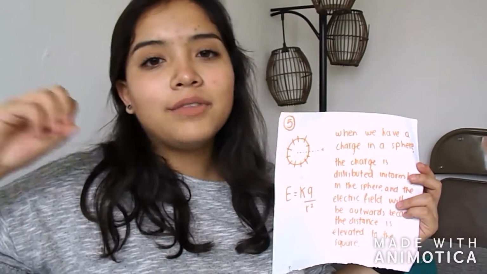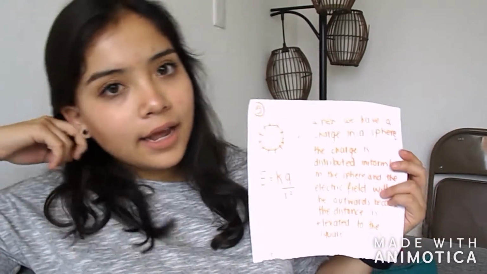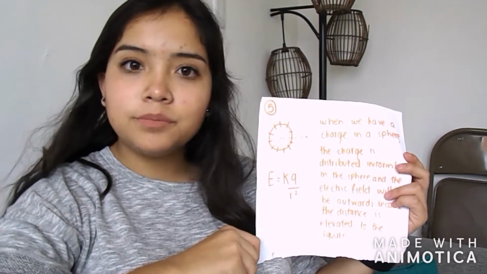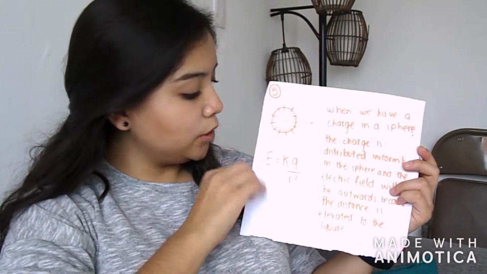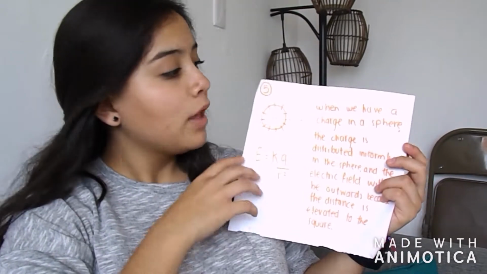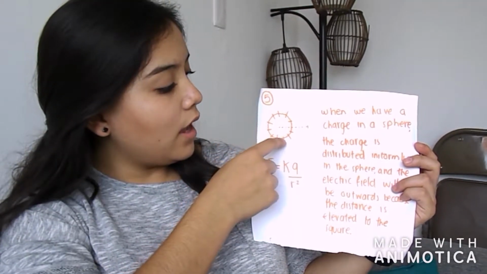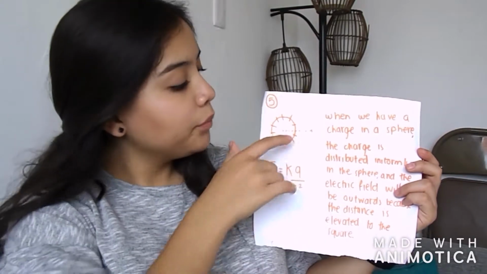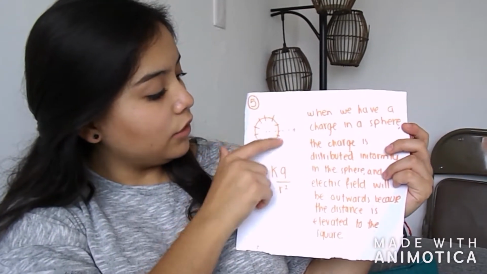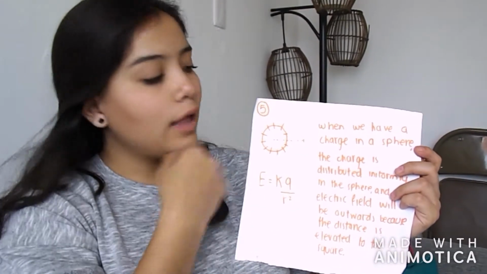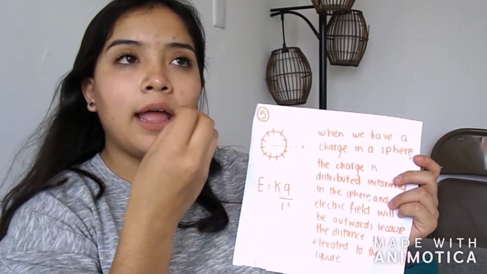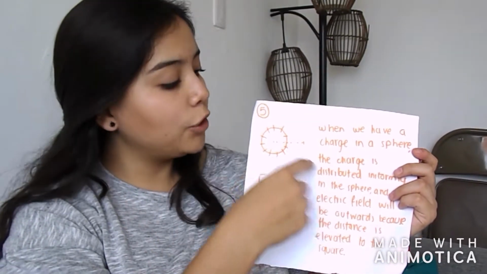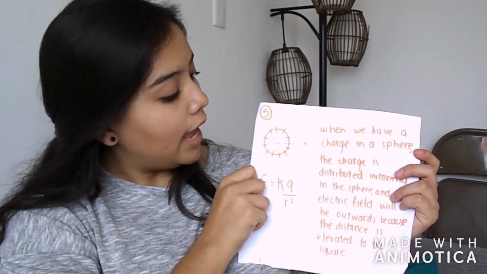In problem number 5, they are asking us to demonstrate that a charge outside corresponds to this formula. And we have this in a solid sphere. I drew this in order to understand that when we have a sphere, the charge is distributed in all the sphere.